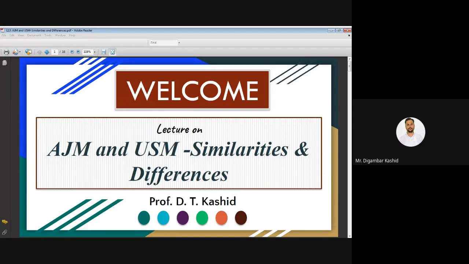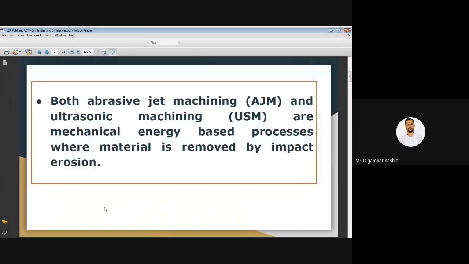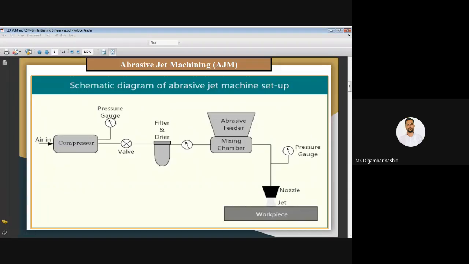So in case of abrasive jet machining, as we have studied, hard abrasive particles are mixed with highly pressurized gas. Gas means you can use air, and that mixture is then allowed to come out via the nozzle in the form of a jet.